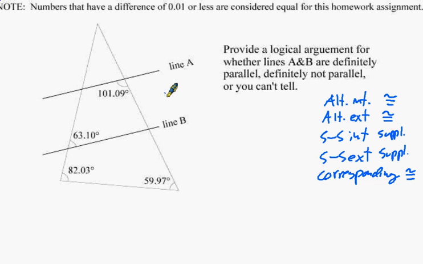So what we need is to find a pair. If, for example, we found that angle, that would be the alternate interior angle to 101.09. Or we could find this angle, excuse me, which would be the same side interior to 63.1.